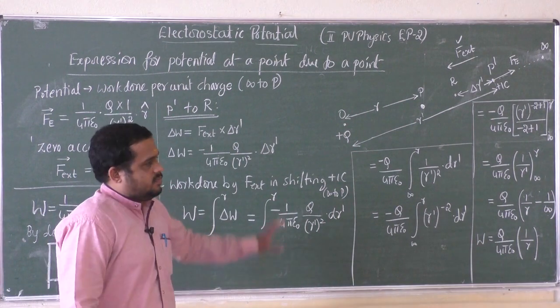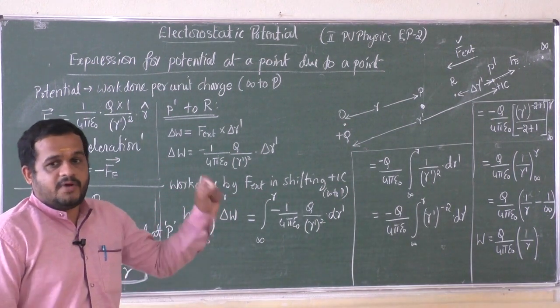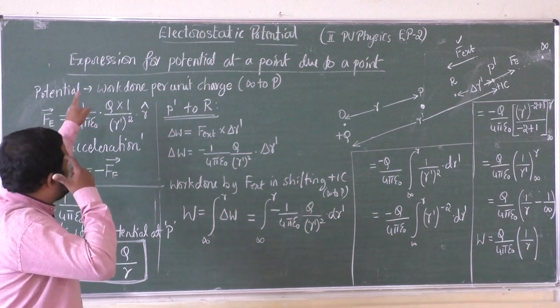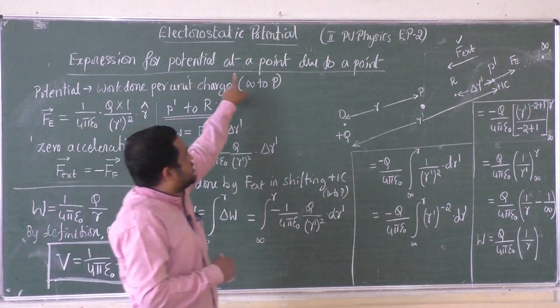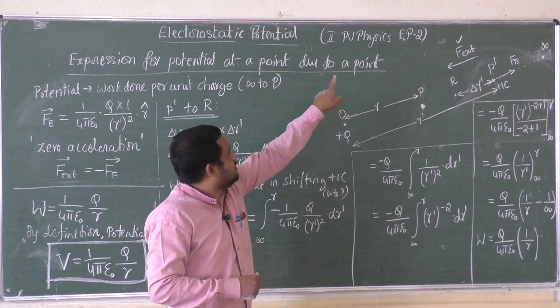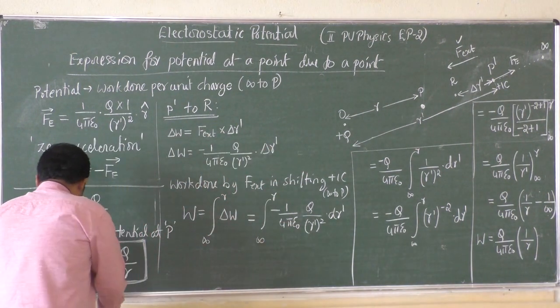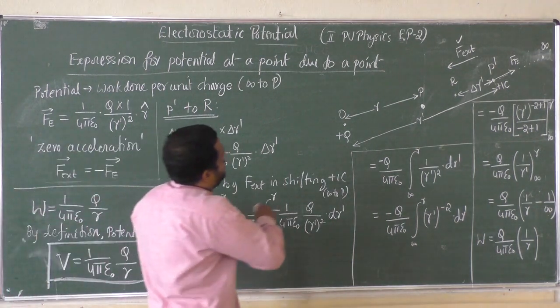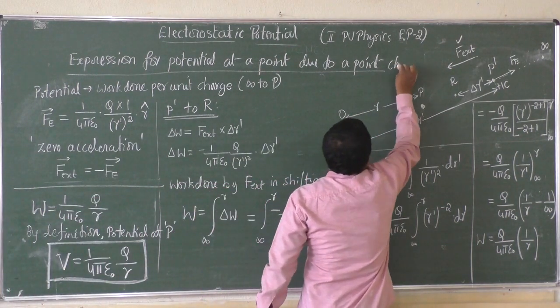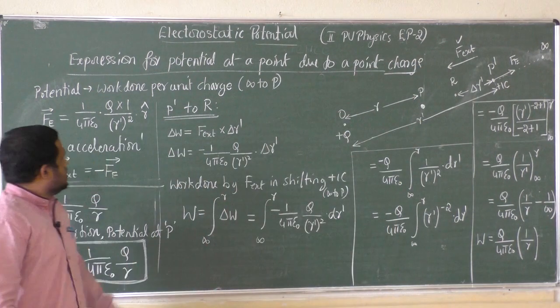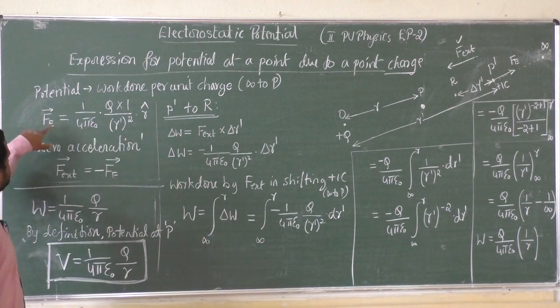In the exam, the question will be like this: define electric potential at a point and derive an expression for electrostatic potential at a point due to a point charge. This is the derivation. We started from this point.